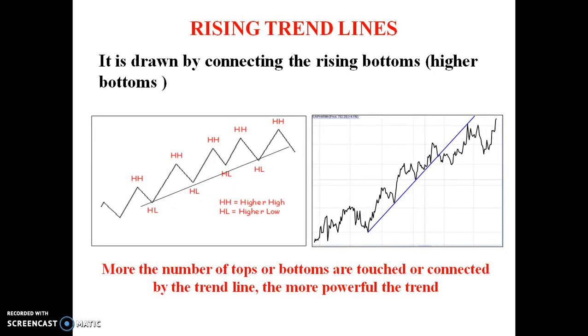The rising trend line is drawn by connecting higher bottoms as shown in the sketch and the image. You can see almost 6 bottoms are touching the trend line. The number of bottoms or tops touching the trend line gives an idea about the strength of the trend. The more tops or bottoms touching the trend line, the stronger is that trend.